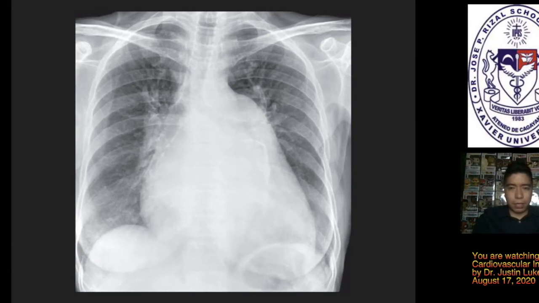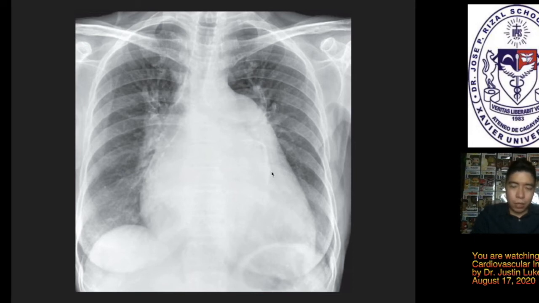So this is a typical example of left atrial enlargement. As I've mentioned earlier, you look at this area, the upper part of the left cardiac silhouette, and it's convex outward. So this is obviously an enlarged left atrium.